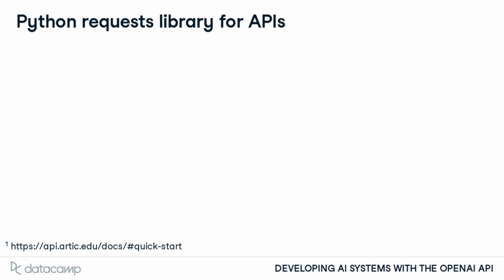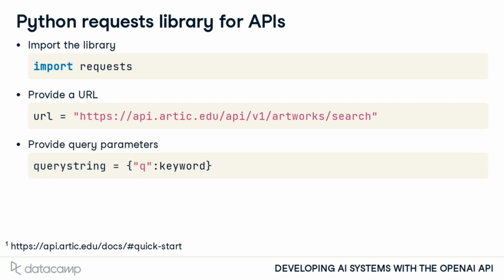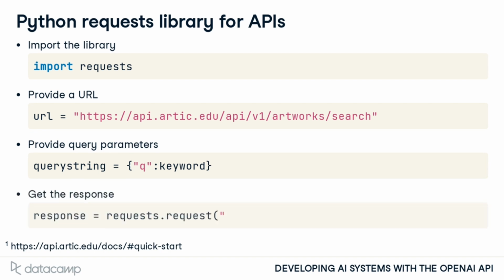In Python, we can use the requests library to call the API by providing its URL and query parameters. Our query parameters are the values required as input to the API call for the external API. We then specify the type of request and pass URL and parameters to the request function to get a response.